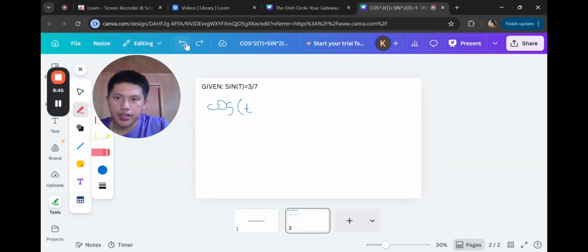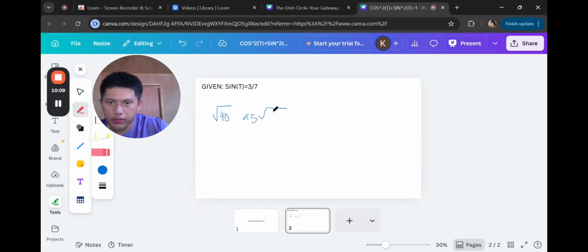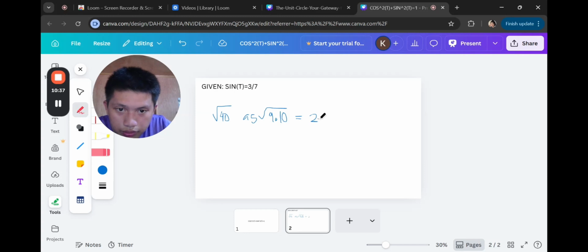So to do this you need to simplify the 40, the square root of 40, as the square root of 4 times 10, because you can times the 4 times 10 is equals to 40, which is 2 and 10.